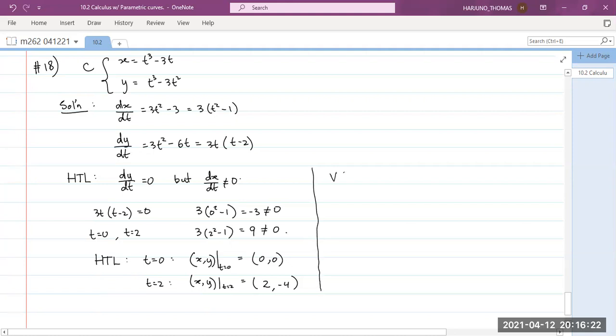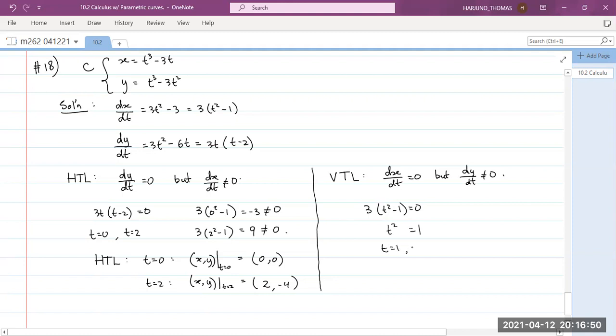How about vertical tangent line? That's when dx dt equals 0, but dy dt is not. Okay, that's 3 times t squared minus 1 equals 0. So we get t squared equals 1.